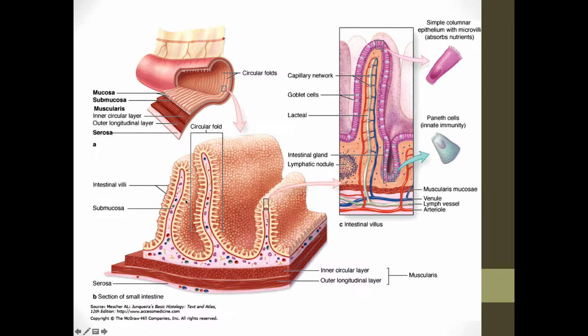At first, you can see here these circular folds. The inner surface forms this circular fold, and it consists of two major layers, the mucosa and submucosa. Together, mucosa with submucosa form the circular fold, and they have the name plica circularis.